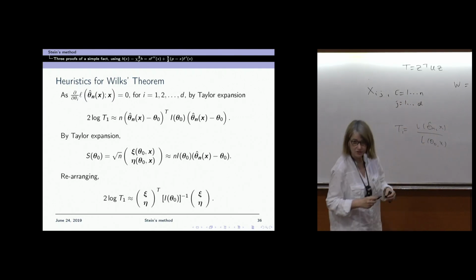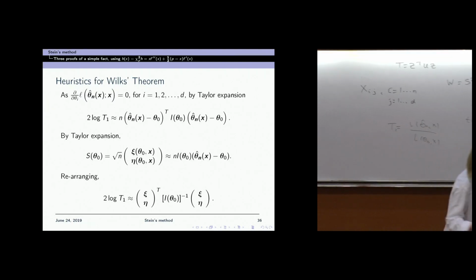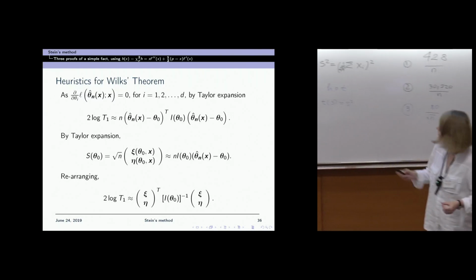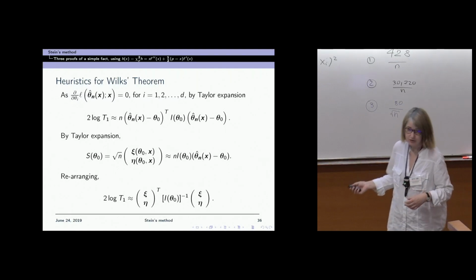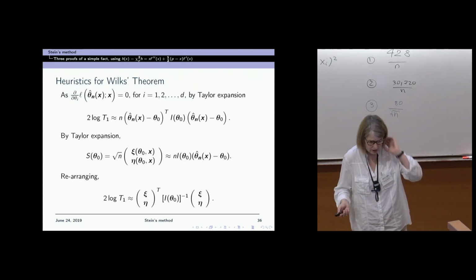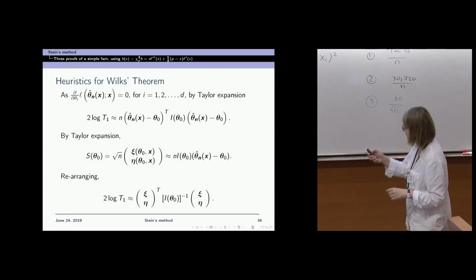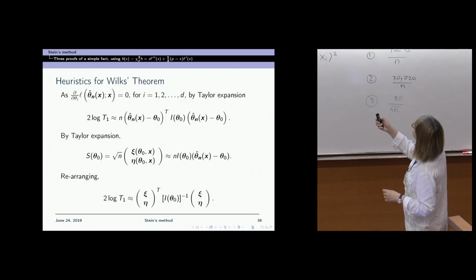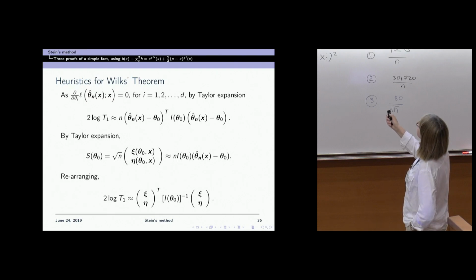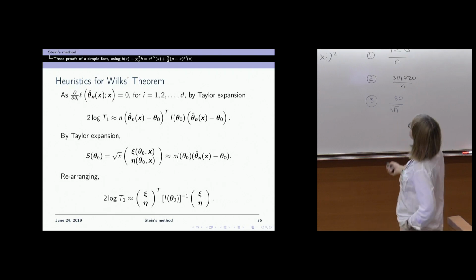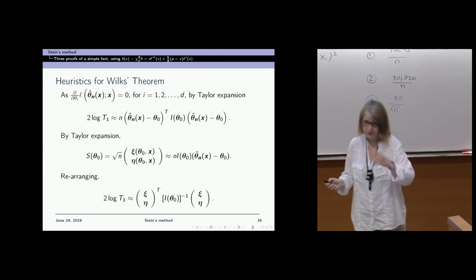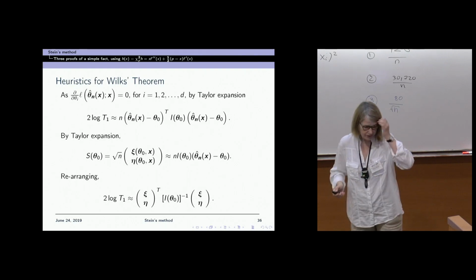This is the likelihood ratio of just testing the null hypothesis theta equals theta 0, whereas we don't know theta 0. So we can do a Taylor expansion, and this gives the maximum likelihood estimator theta hat minus theta naught transpose times the Fisher information times theta hat n minus theta naught.